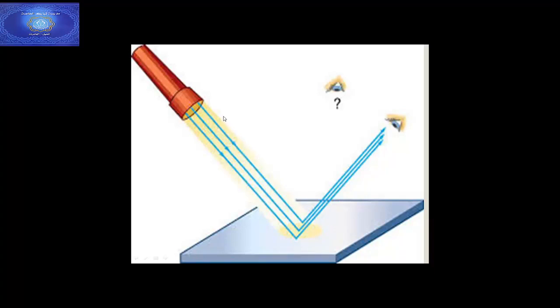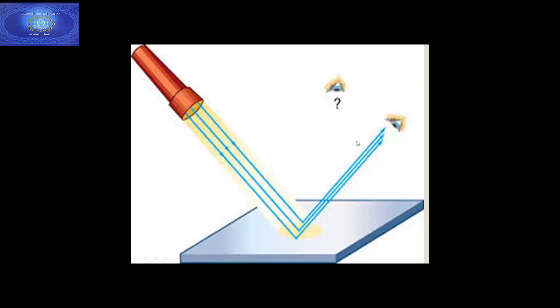If the light falls on the mirror, or travels from the light source, from the torch, in a beam, this beam of light or rays, okay, travels to the mirror, it reflects to our eyes.